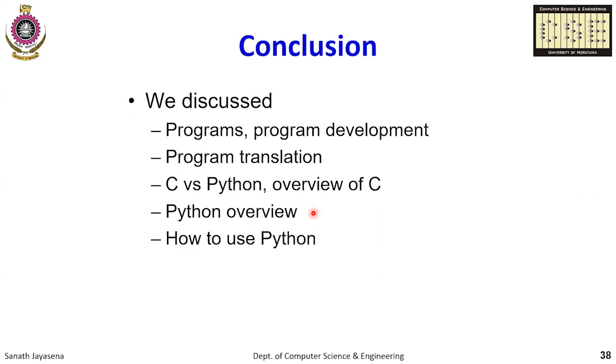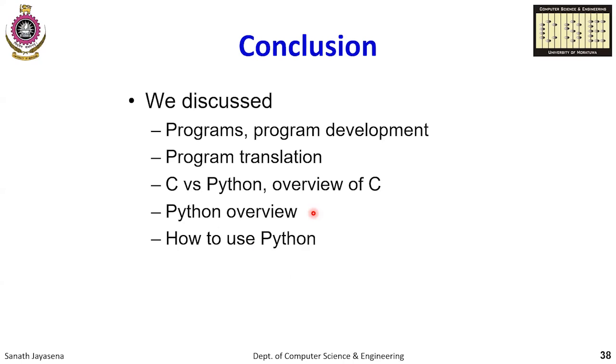Okay, that brings us to the final slide. This is the end of our lecture number 1. Just to recap what we discussed, we looked at programs and program development, the step-by-step sequence we went through. As part of that, there were some important things we went into in a little more detail. One is algorithms and a few descriptions related to them. Then program translation, compilation versus interpretation.